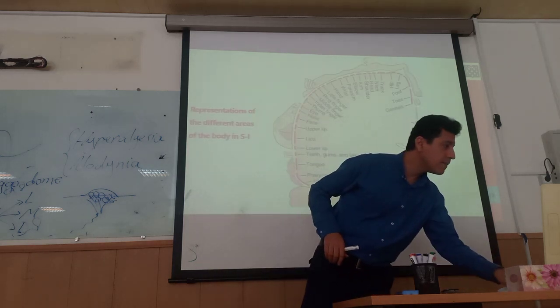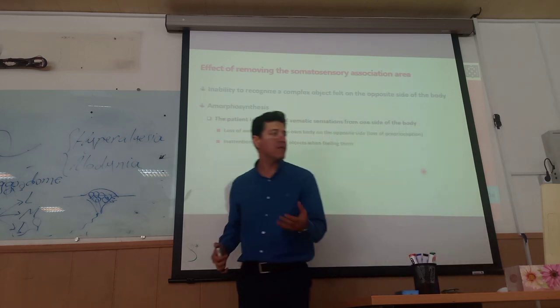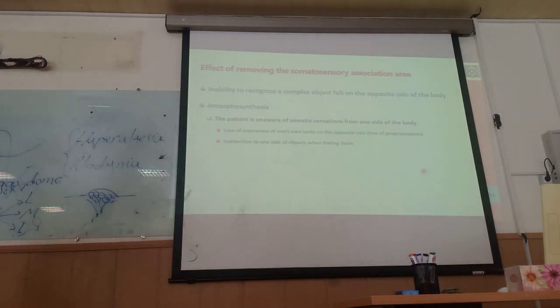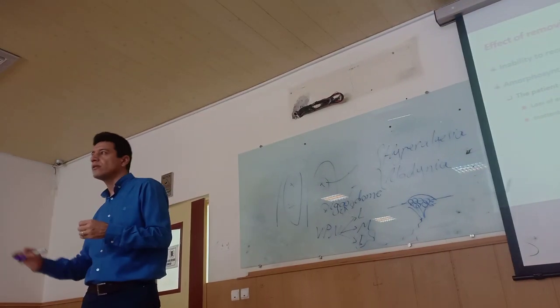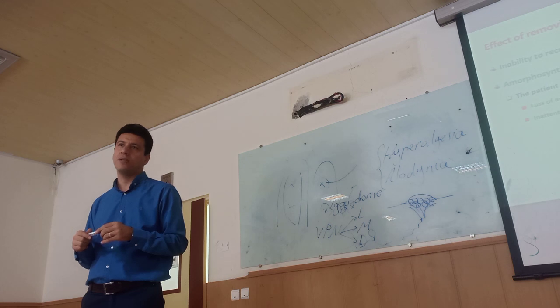So, now let's see the importance of the somatosensory association area. You know, in the cortex we usually have parallel processing and serial processing of information.